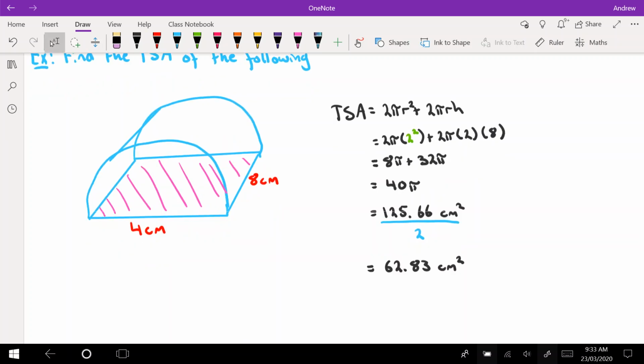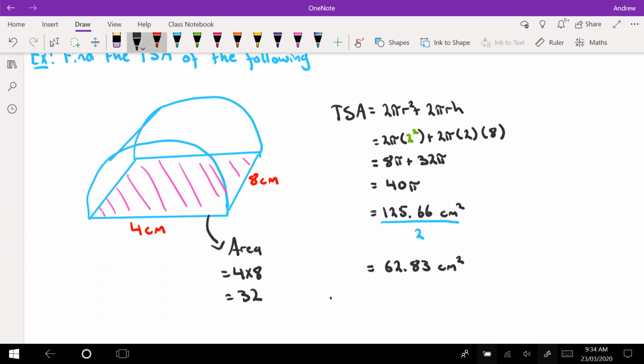And how am I going to find the area of that, Tristan? So the area of that pink face, 4 times 8, because that's the length and the width of that rectangle there. So I'll just go here, say area equals 4 times 8, which equals 32. So now we're just going to be adding on 32 onto that half of the cylinder there.